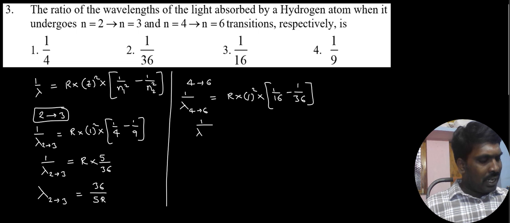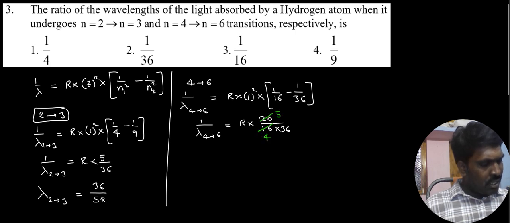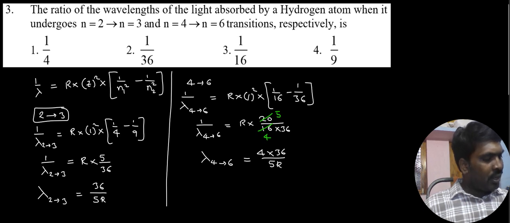Then 1 by lambda 4 to 6 equals R into 36 minus 16, that is 20, by 16 into 36. Now here 4 5's, 4 4's cancel. So lambda 4 to 6 equals 4 into 36 by 5R.